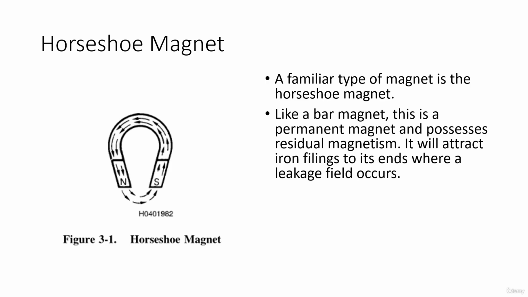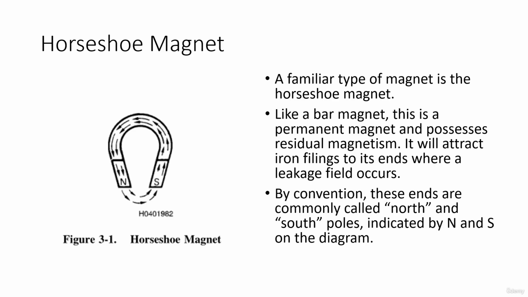If we sprinkle magnetic iron particles on the curved part of the horseshoe magnet where there isn't the N and the S, nothing's going to stick there. The only place where the iron particles are going to show up is on the poles down at the end. Those ends are commonly called north and south poles, and that's where our iron filings are going to end up, because that's where our leakage field is.